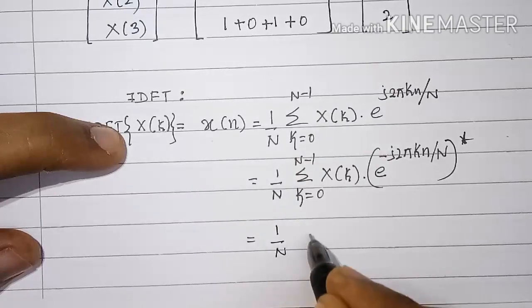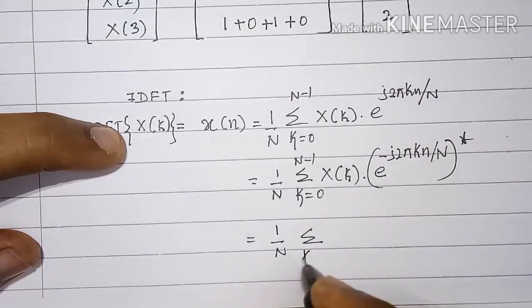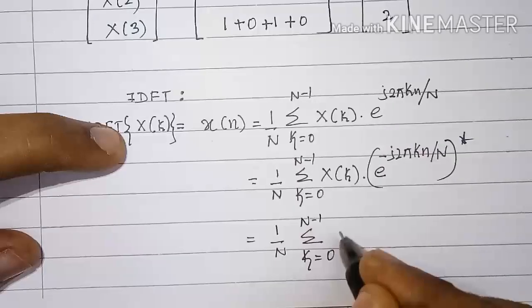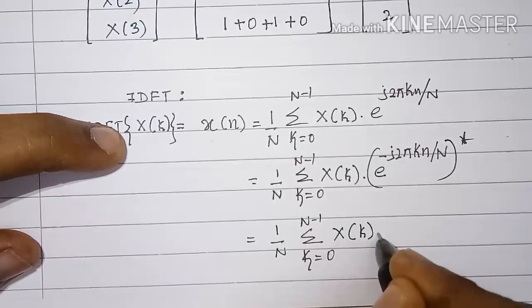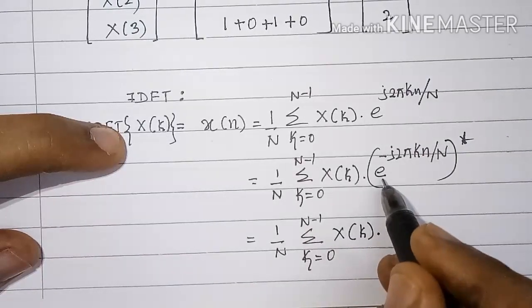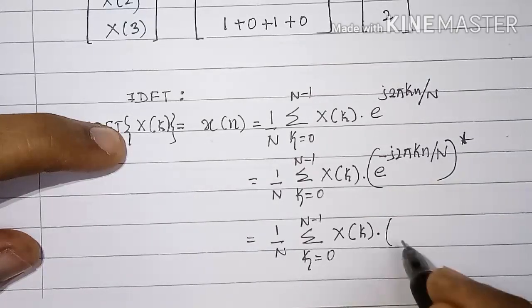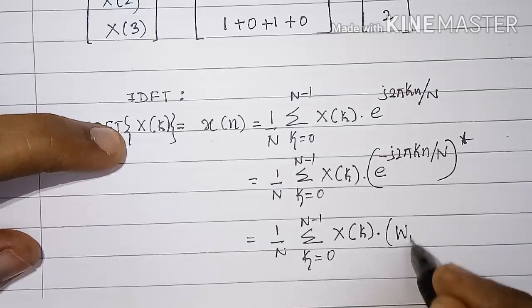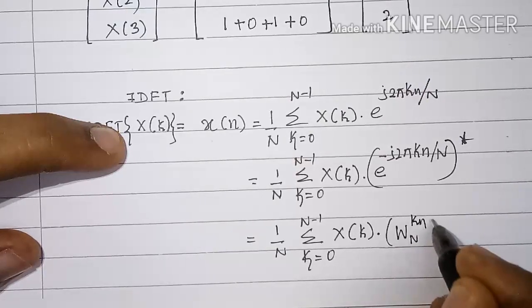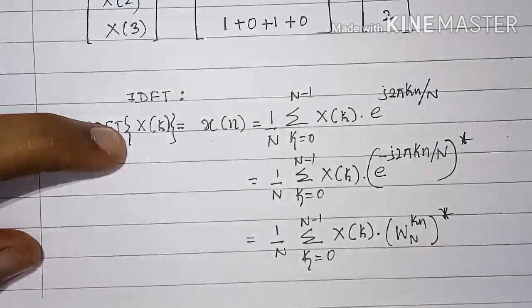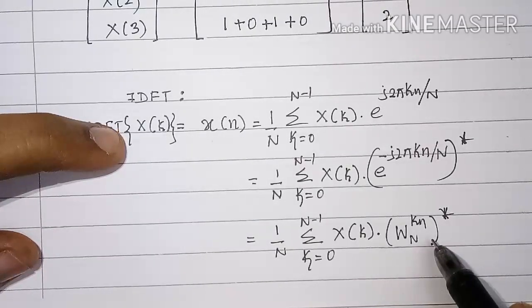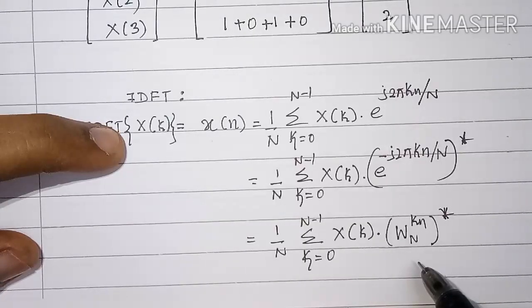What is e raised to minus j 2 pi kn upon N? This is nothing but W N raised to kn. So we can write W N raised to kn complex conjugate. And we know what the complex conjugate matrix is for N equal to 4.